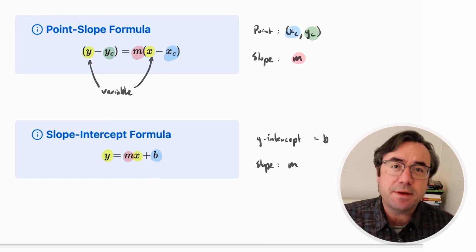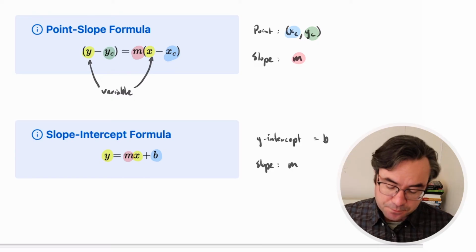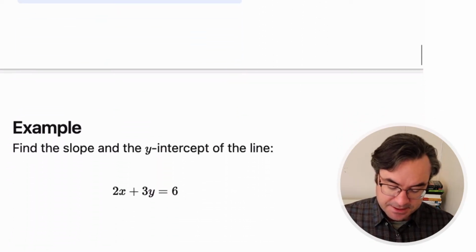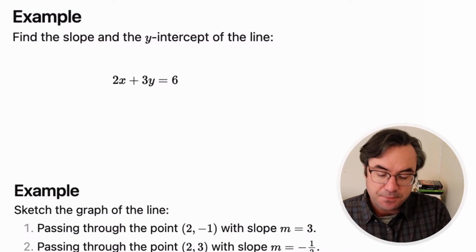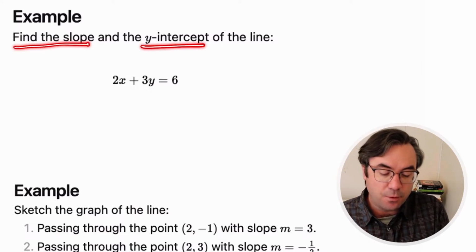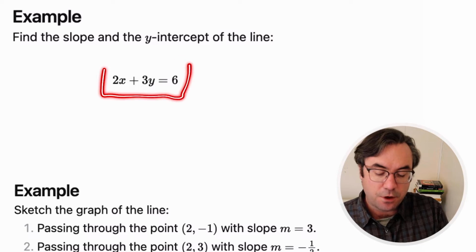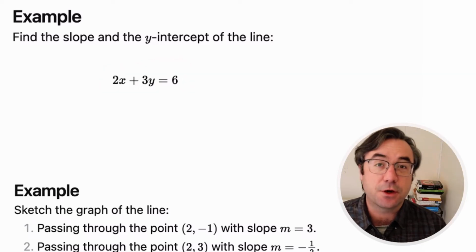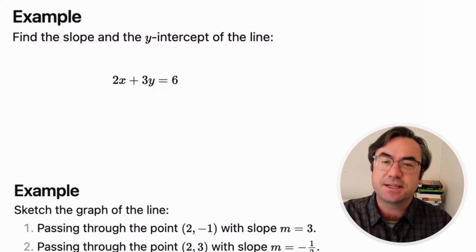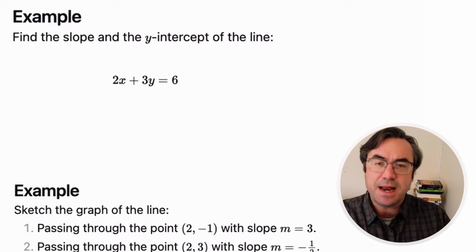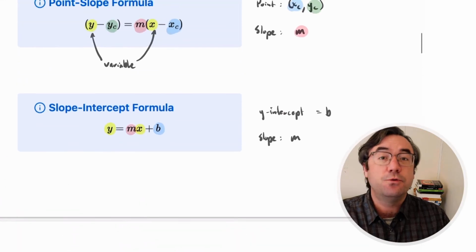So these are the three main formulas we use. Let's try an example. Let's find the slope and the y-intercept for this line. The equation we have here, 2x plus 3y equals 6, is not in either of those two forms.